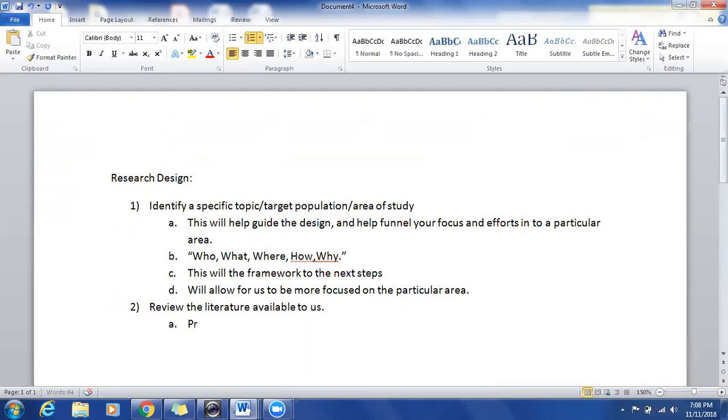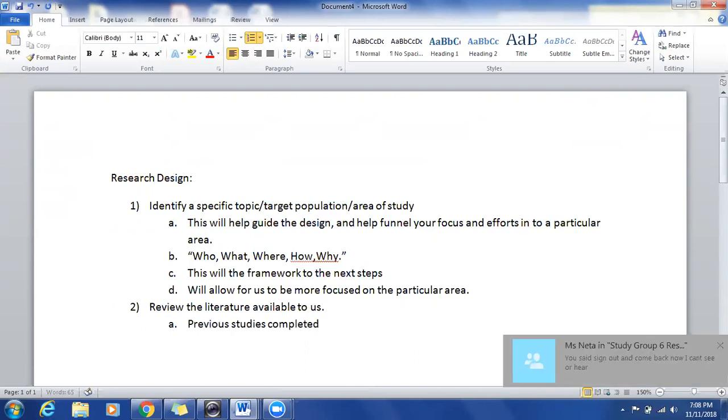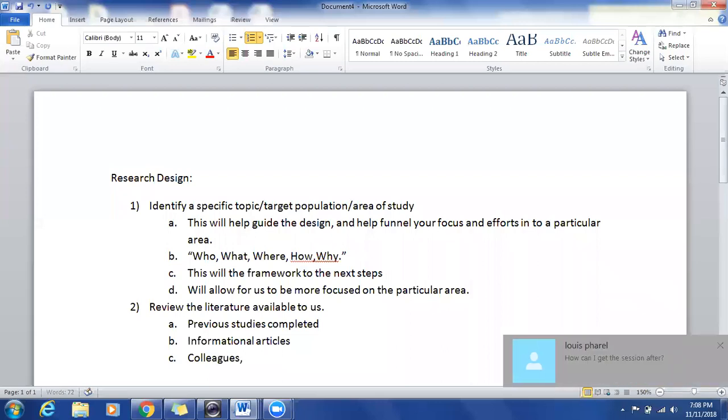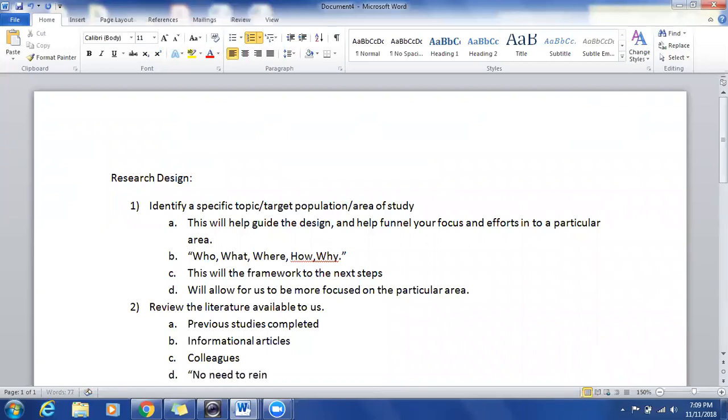This may include previous studies completed, informational articles, and colleagues. A key thing to keep in mind here is that there's no need to reinvent the wheel.